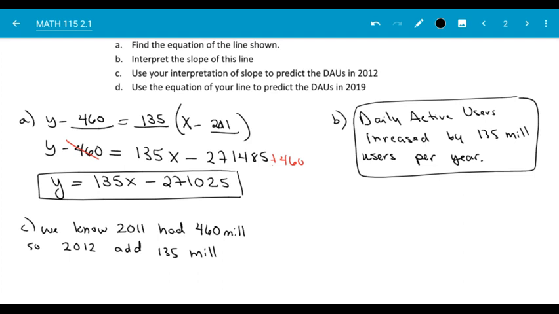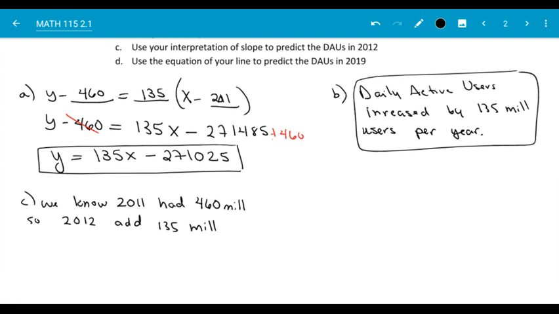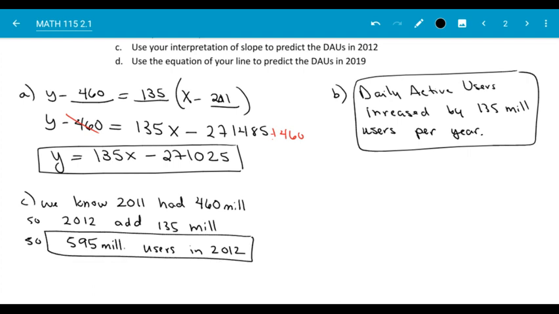So 460 plus 135 predicts that 595 million would be our prediction for the year 2012. Because we're going up by 1 year, we would add that 135 million users one time, which would put us at 595 million users for our answer there.